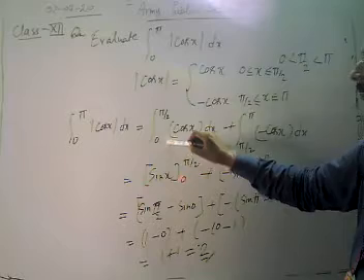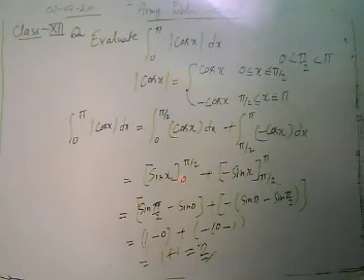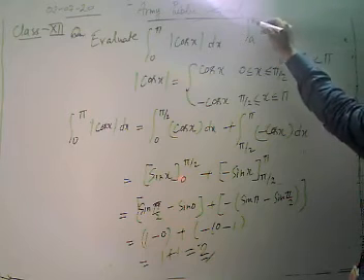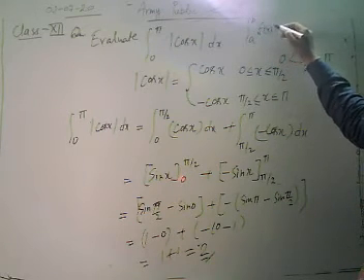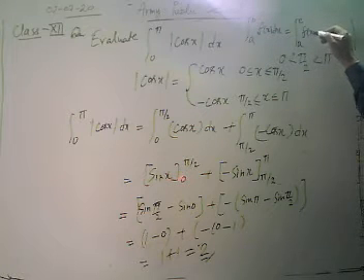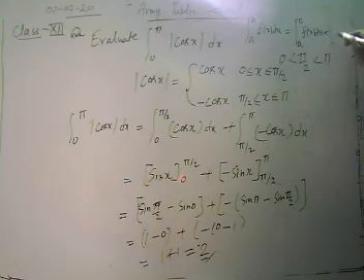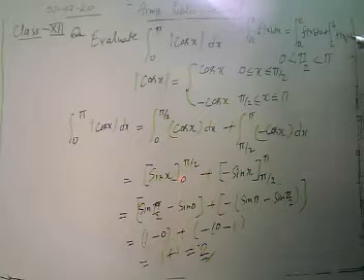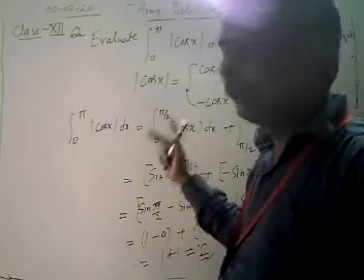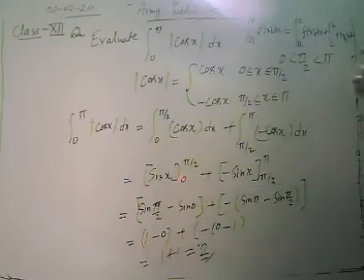After breaking into these intervals, we again use the property that the integral from a to b of f(x) dx is equal to the integral from a to c of f(x) dx plus the integral from c to b of f(x) dx. This is our second problem, based on this same property.